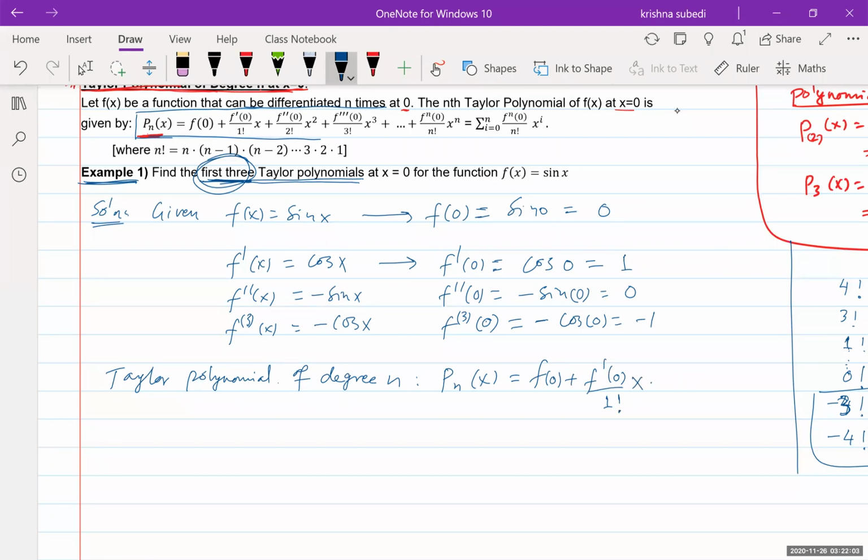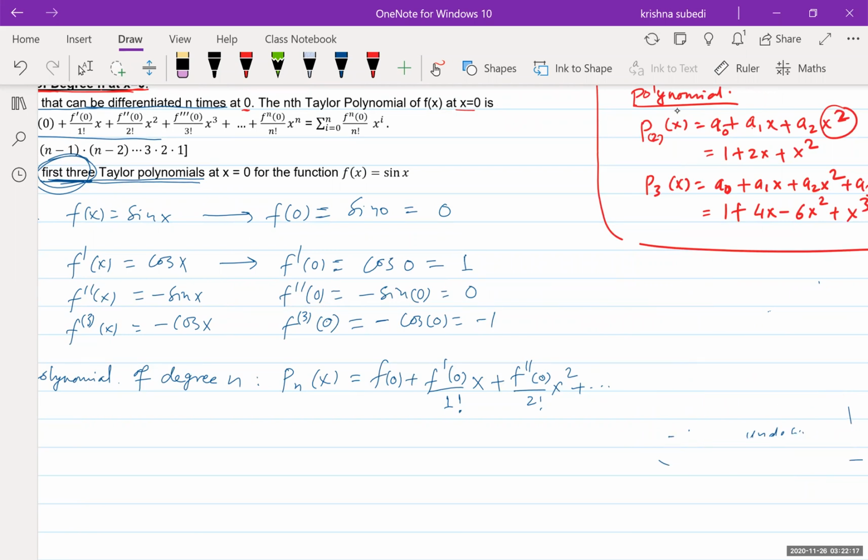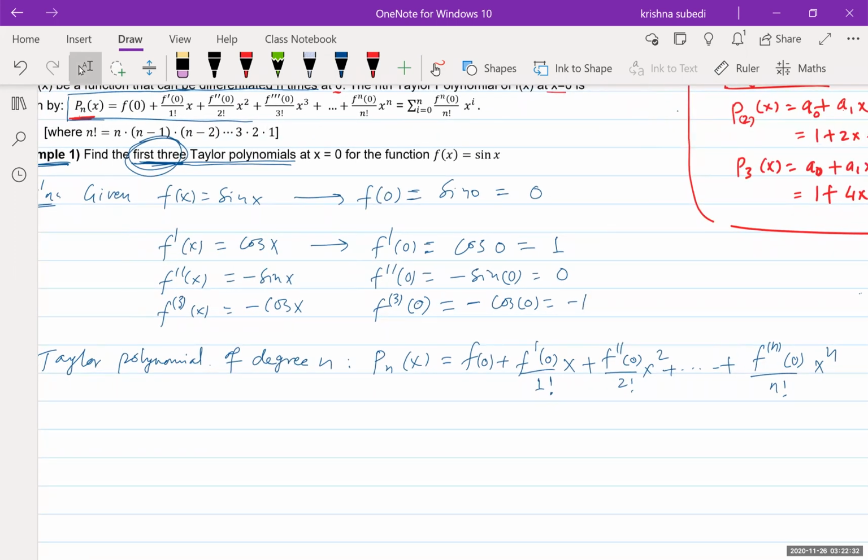I'm just copying the formula as it is. That is the formula. Now we need to find the first three Taylor polynomials.